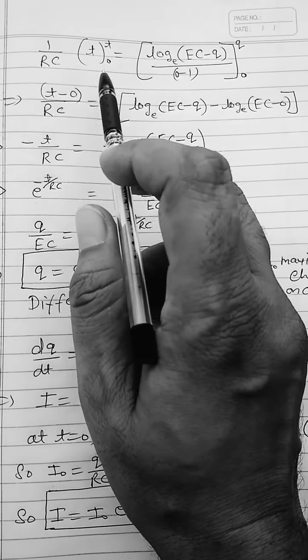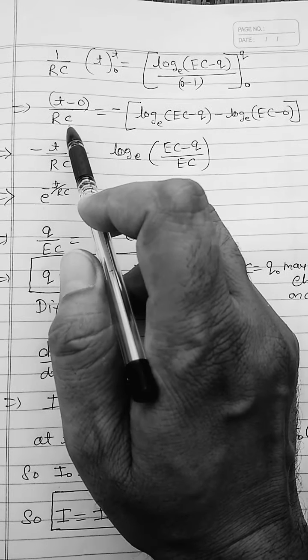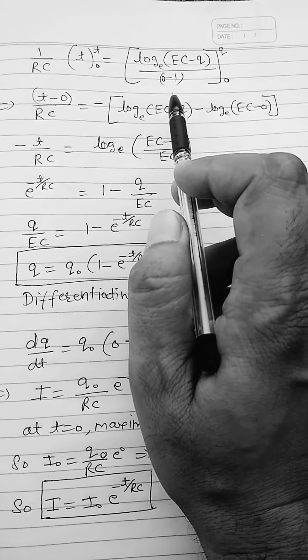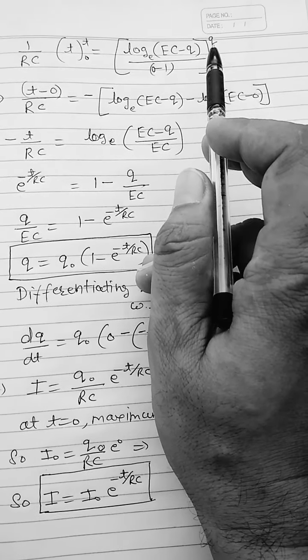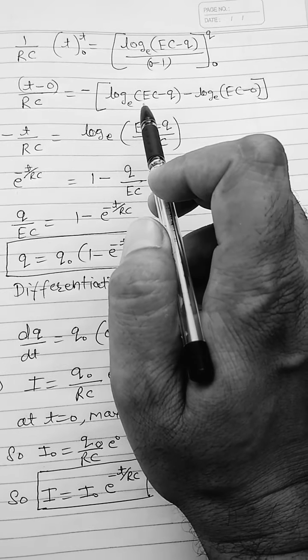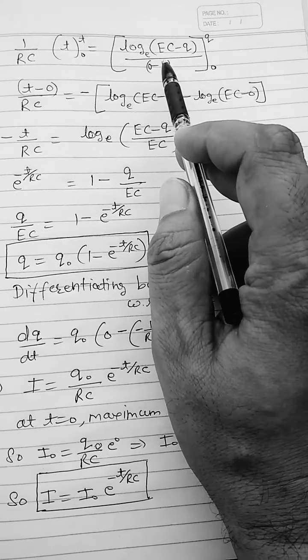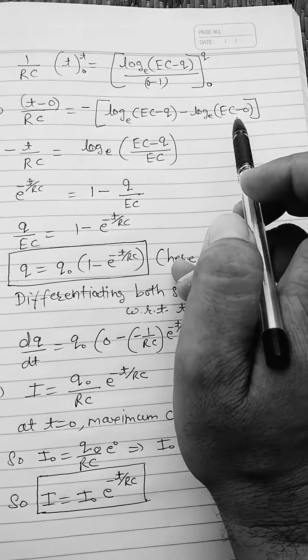Okay, so putting upper limit and lower limit, we will get t minus 0 upon RC, and the minus sign will come from here to here. Putting upper limit, that is q, it will be log base e of EC minus q, minus log base e of EC minus lower limit, that is 0, so EC minus 0.